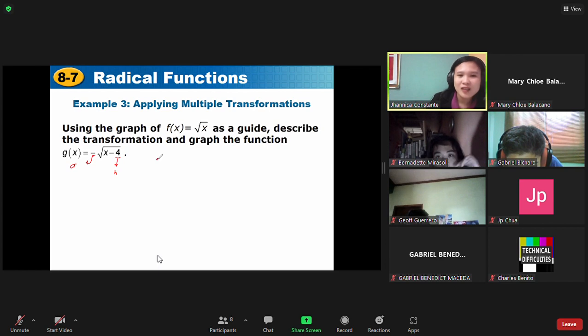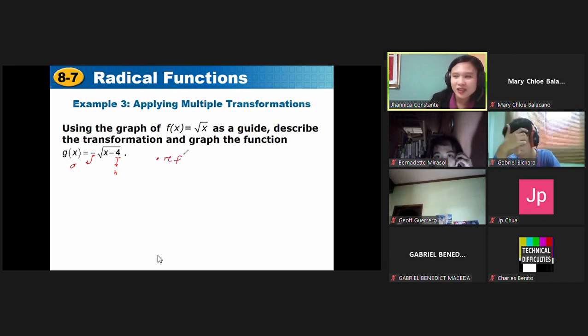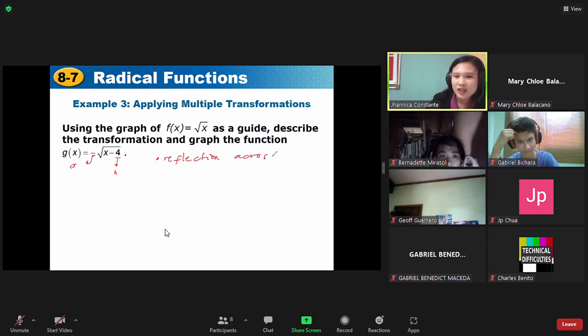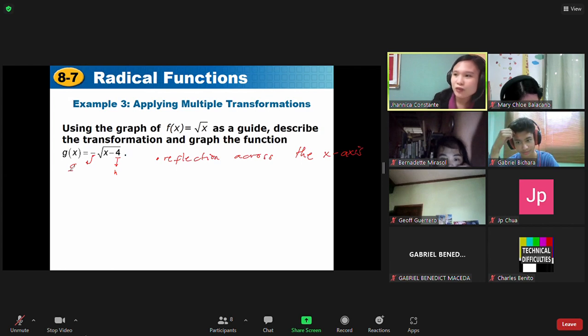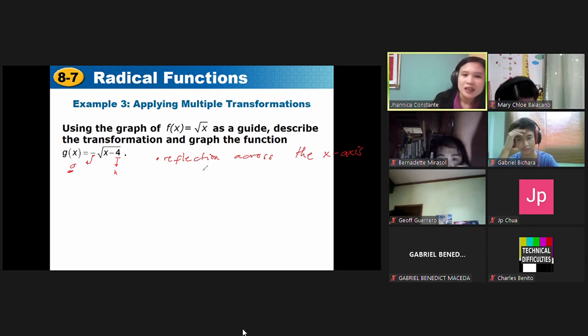We will be having a reflection across the x-axis, based on the sign of our a. Since a is negative, the transformation that happened is a reflection across the x-axis.